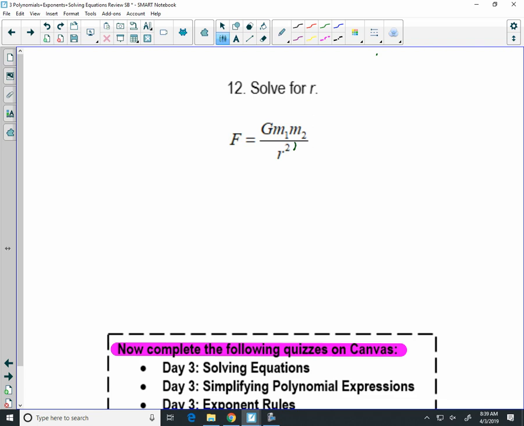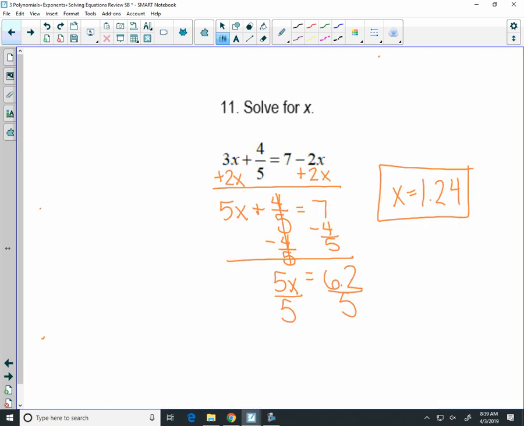If we want to solve for r, we've got to deal with the r squared. So we're going to do it at the end. I'm sorry. So on that last problem, see if you can get the r squared by itself first.